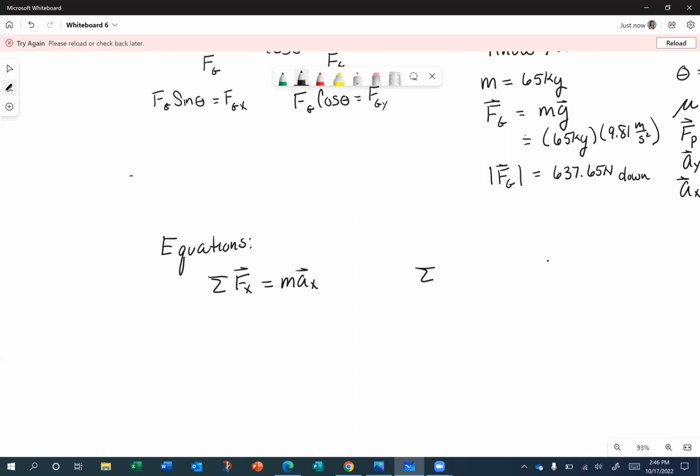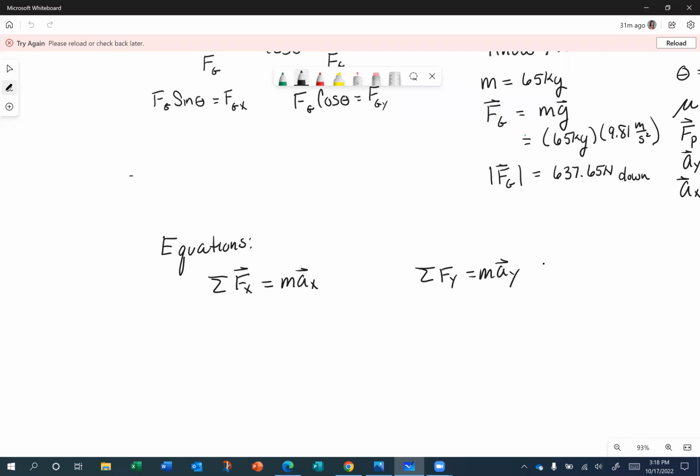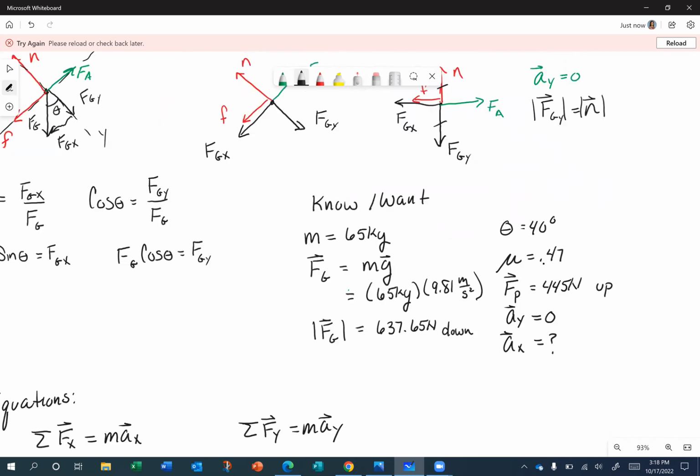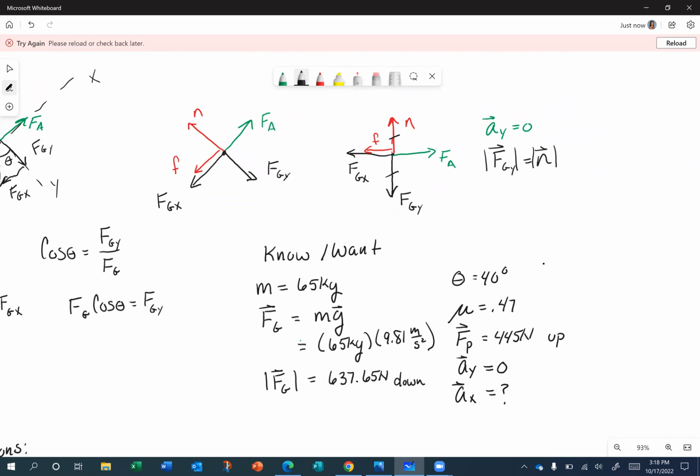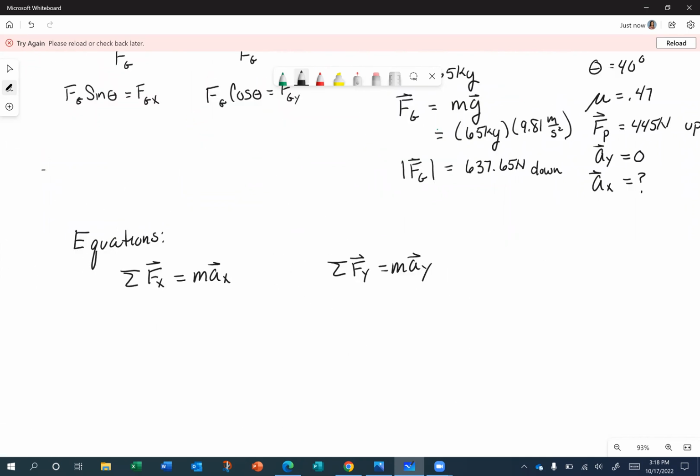Summation of forces in the y equals may. So looking at these equations and going back to our diagram, all of our forces in the x and the forces in the y, we've already established that they are equal to each other, but we can set that up in equation to prove that.